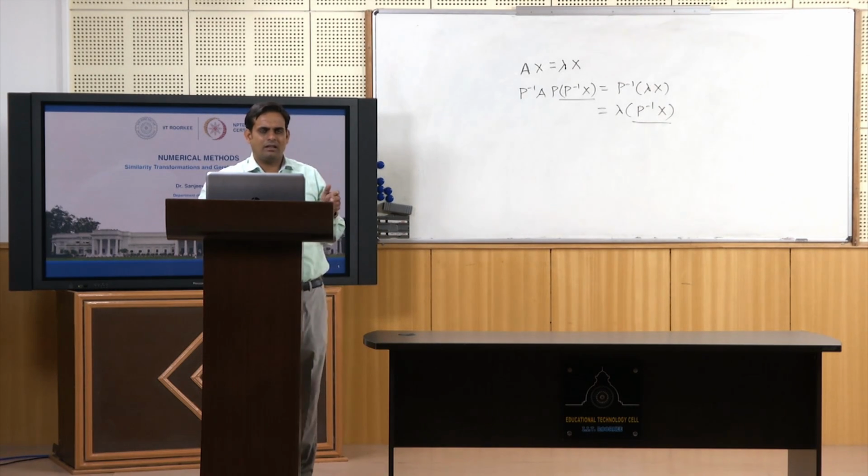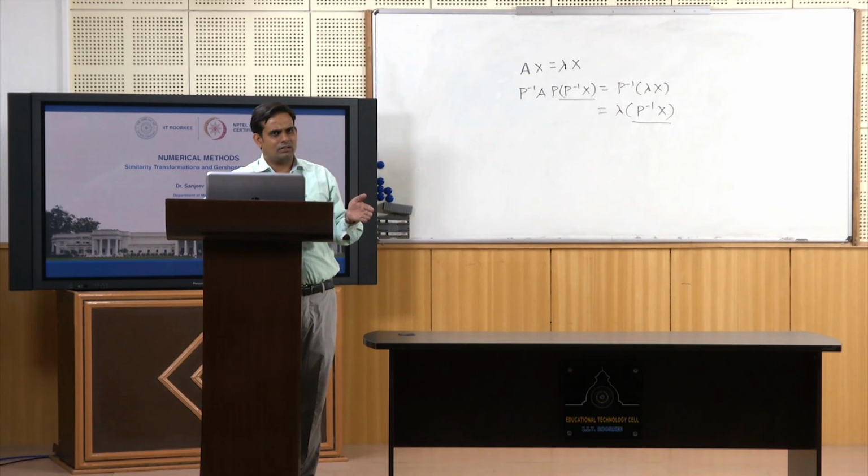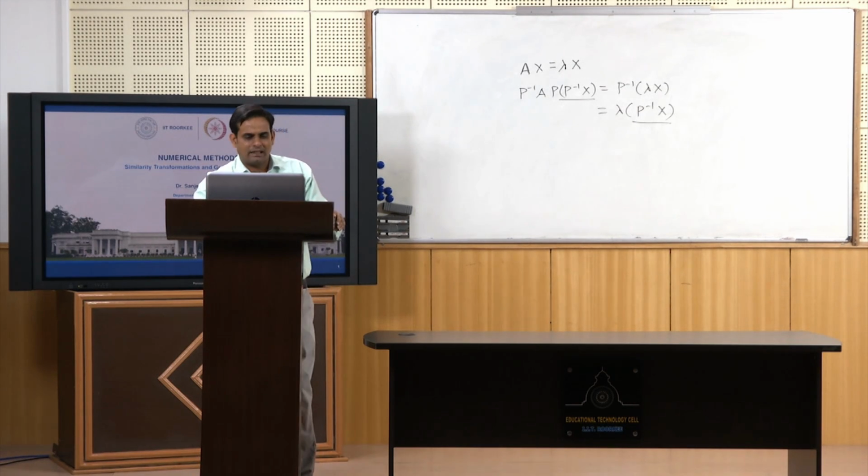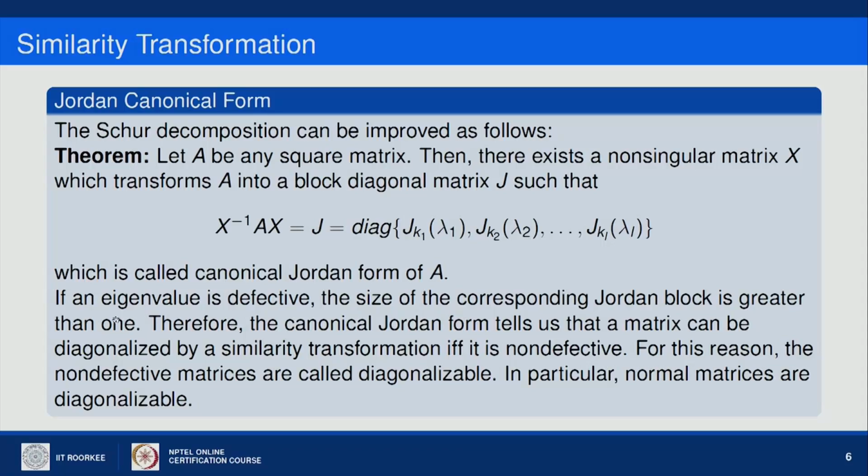If I decompose 5 into 3 terms, it may be 2 plus 2 plus 1: one Jordan block of size 2, another of size 2, and a third of size 1, or it may be 3 plus 1 plus 1, like that.